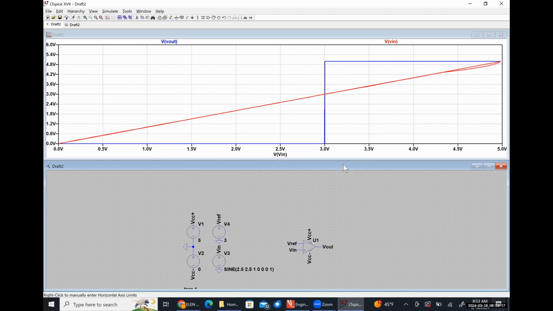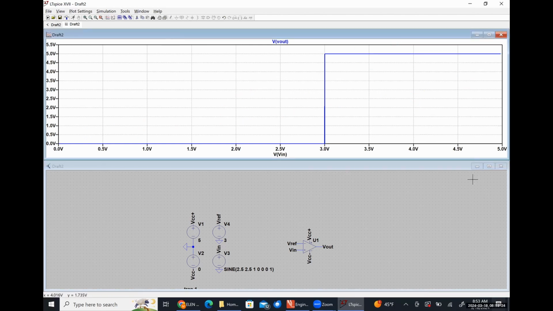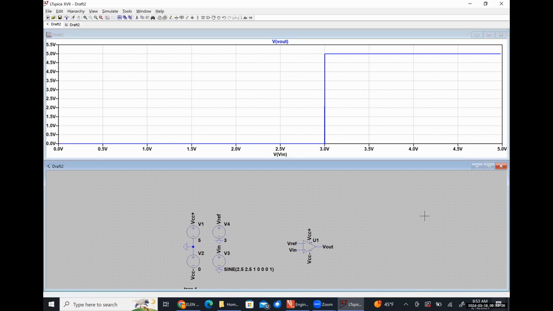It is giving us no information whatsoever, so it's probably best for us to just delete that one. And now it looks exactly like what we would expect for a non-inverting comparator. Okay. So we got this to work using voltage sources and all of that kind of good stuff. Now let's restructure this by using the resistor network.